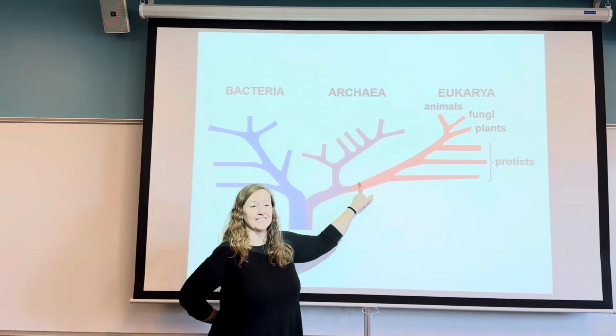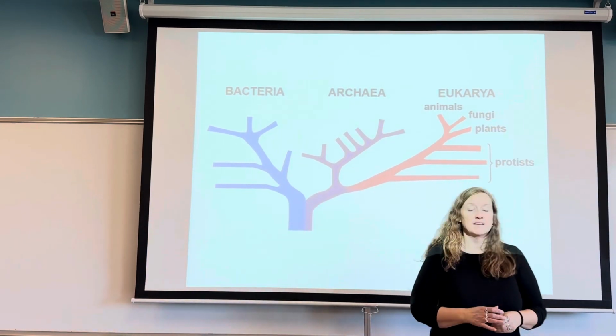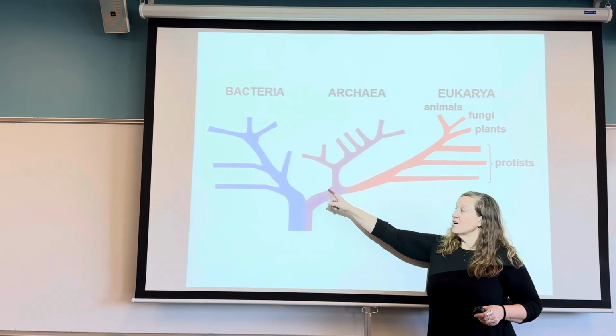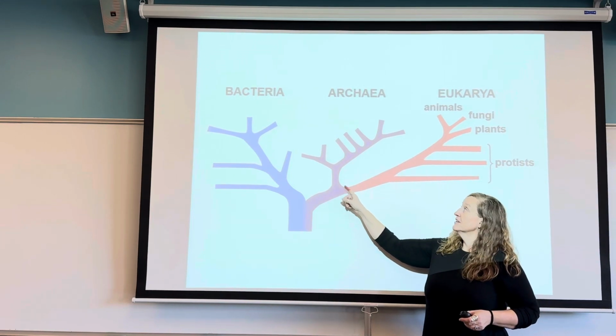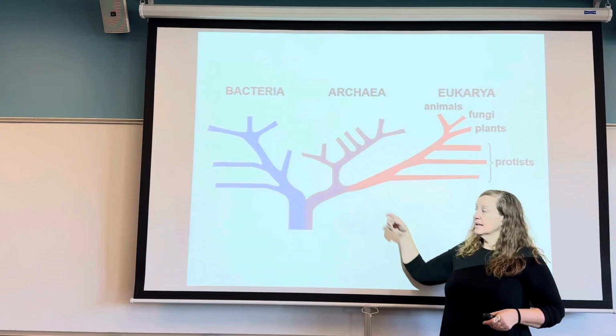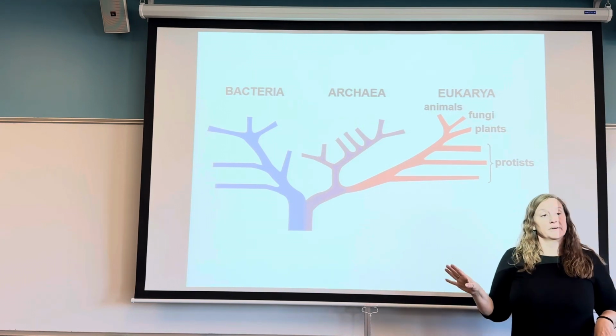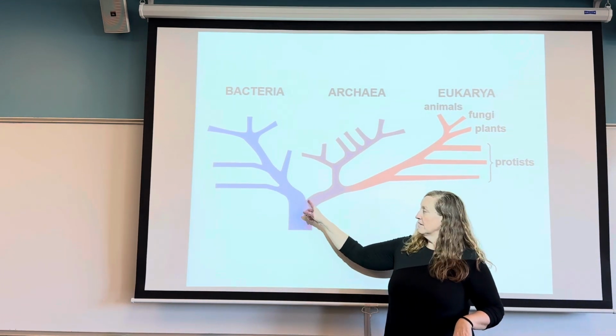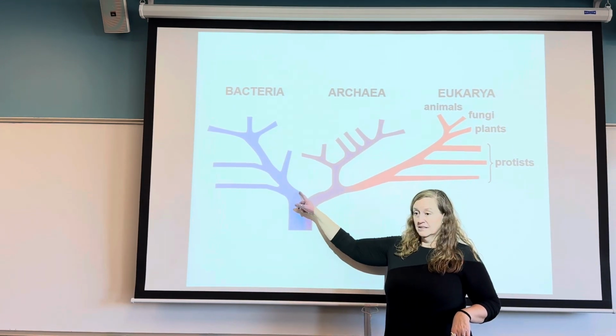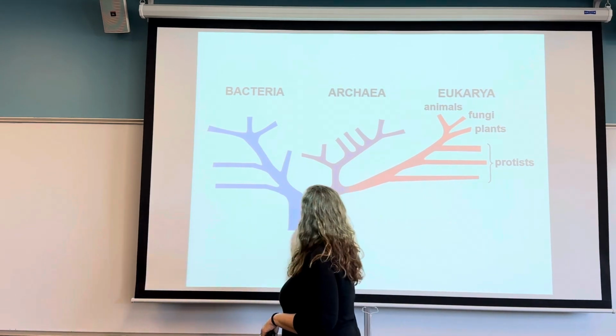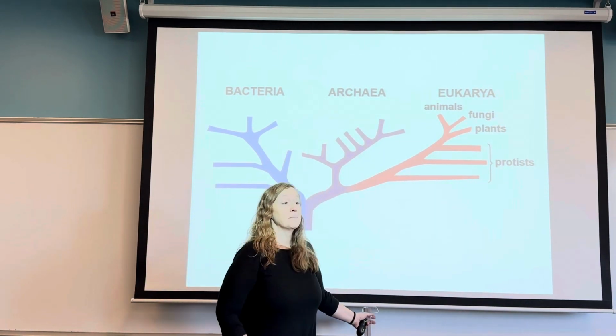The Eukarya, we have evidence that they evolved from a common ancestor with the archaea. One of the things that I want to point out is that every time you have a splitting of the branches, you have a common ancestor.